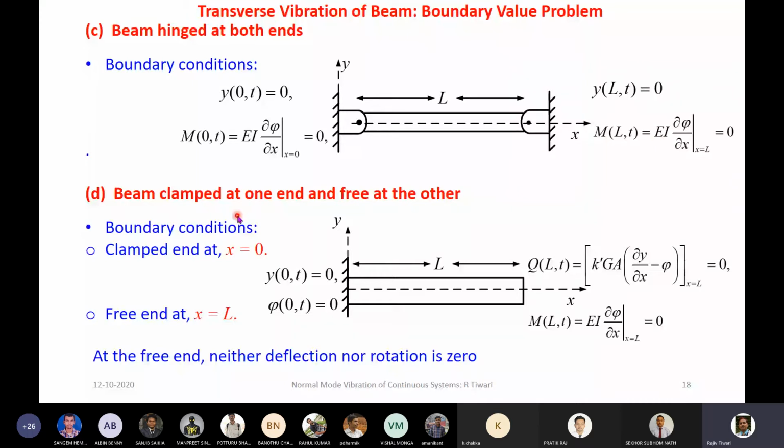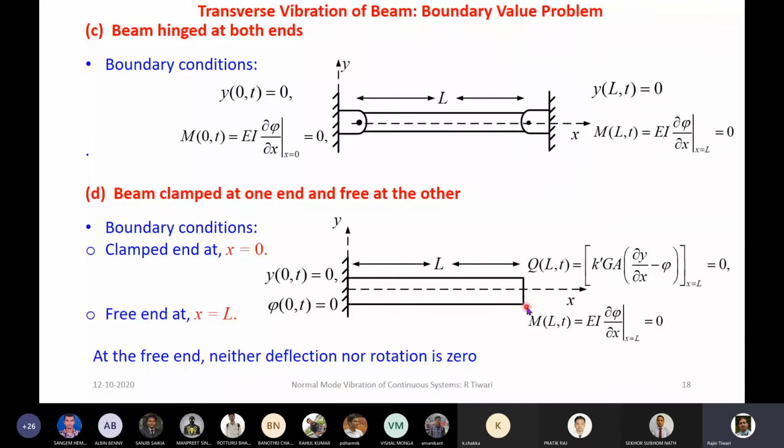Another condition is the cantilever beam, in which one end is fixed and the other is free. Once this end is fixed, the same boundary conditions, displacement and slope equal to 0, will come here. But at the free end, it can have some displacement, and the slope can also change, because there is no constraint to restrict the slope or the displacement.